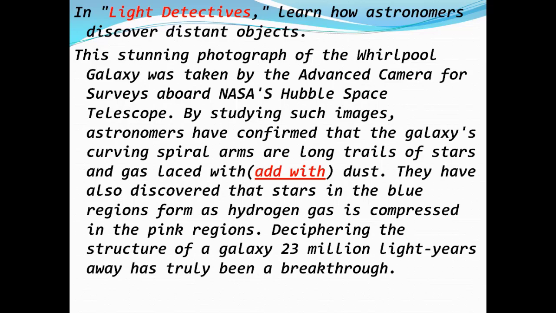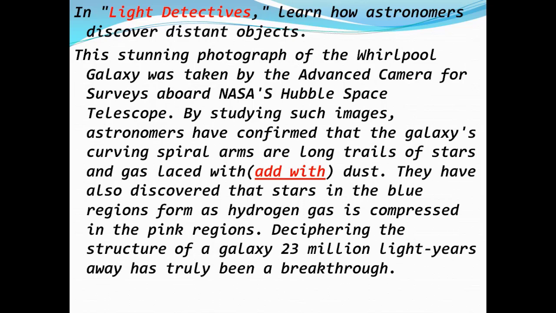And you might have heard about the NASA Hubble Space Telescope, which is the most advanced and most sophisticated telescope. The picture which comes in the next slide was taken by that Hubble Space Telescope. By studying such images, astronomers have confirmed that the galaxy's curving spiral arms are long trails of stars and gas laced with dust.